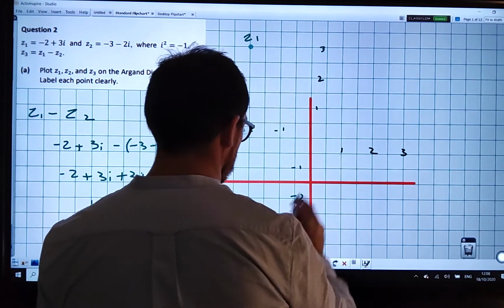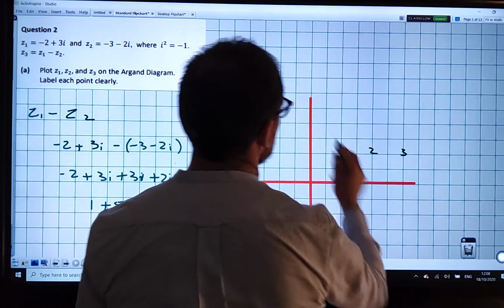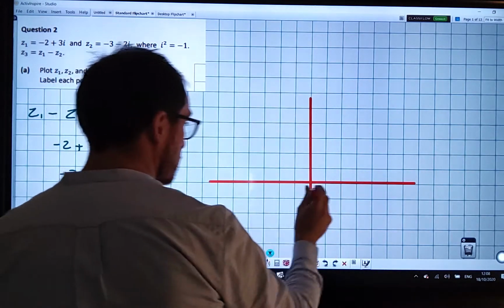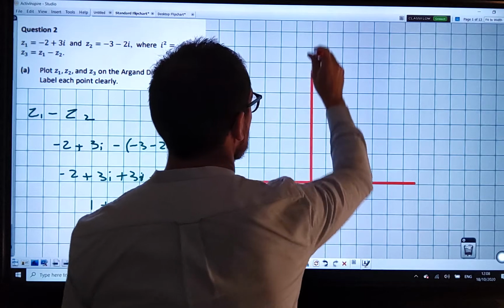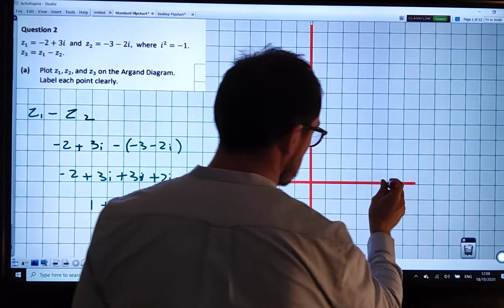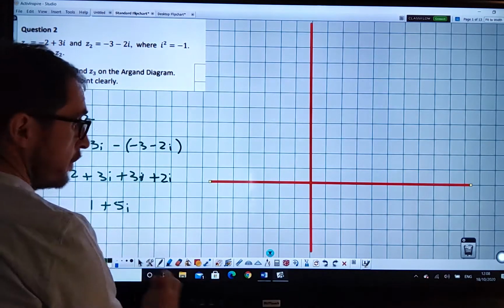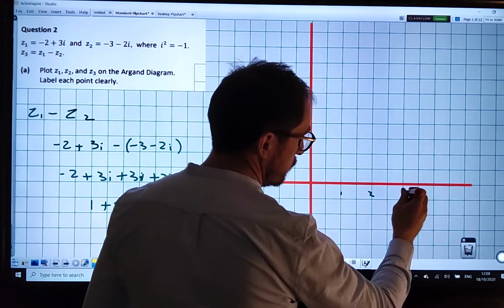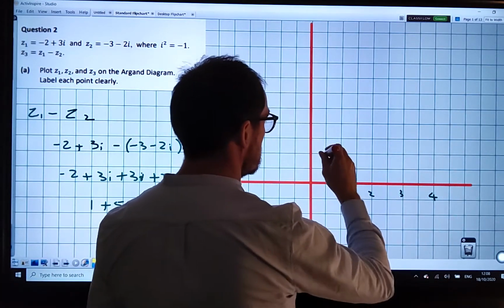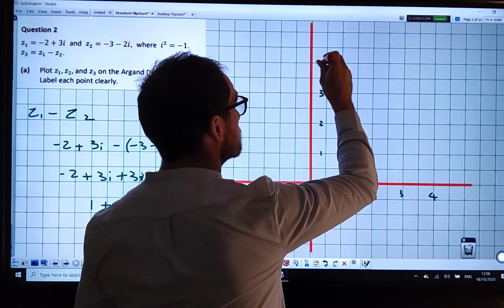So, just plot this again. And again, just to show us how to draw it. So you got 1, 2, 3. This is the real axis, and this is the imaginary axis.